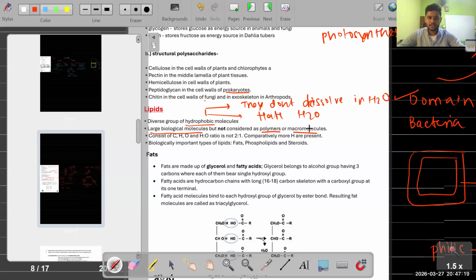Lipids are large molecules, but they are not polymers, which means they are not formed by a chain reaction or by small monomers. Naturally, they are large molecules. They are not formed using monomers. Can you understand that, students? Yes, sir.